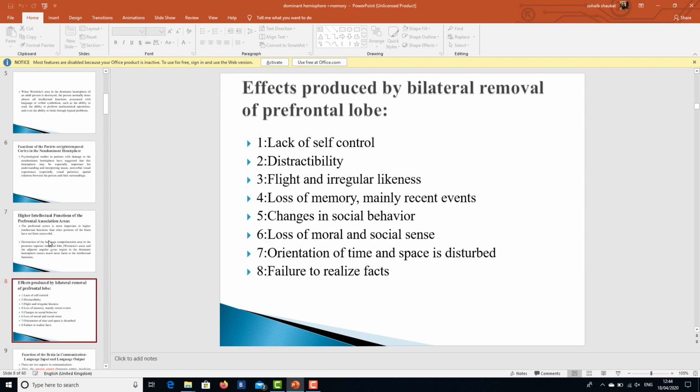Now let's talk about the different effects produced by bilateral removal of the prefrontal lobe.